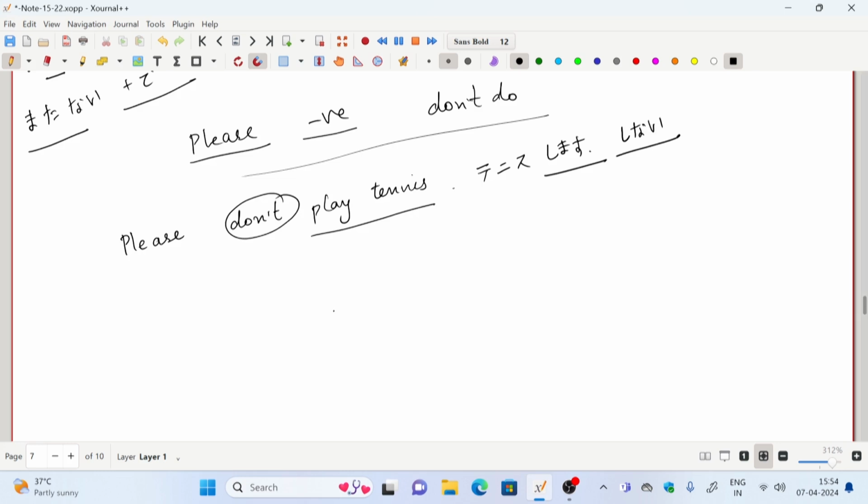It will become the nai form, and for please we'll change it into te, add de, and please is kudasai, right? So let's write tennis o shinaide kudasai.